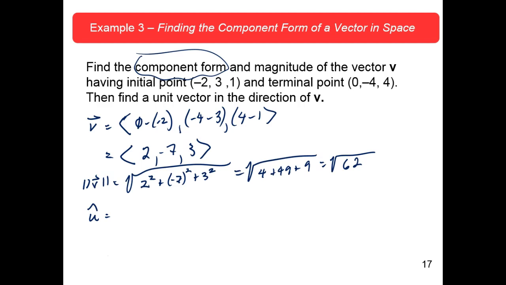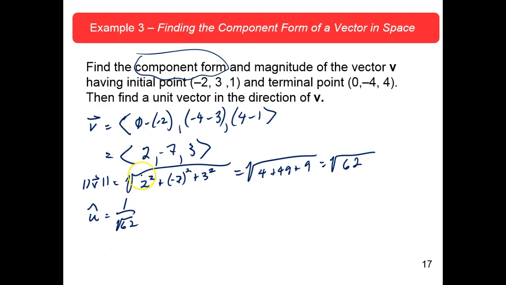Say that again. 1 over root 62. That's the root that goes, no, I'm sorry. Times. Okay, right.